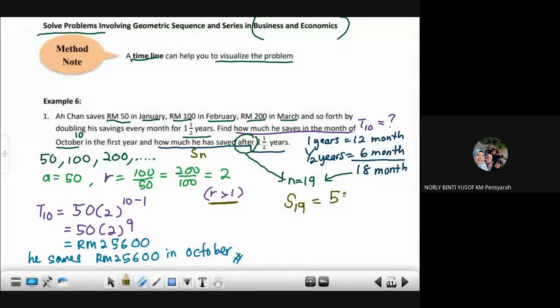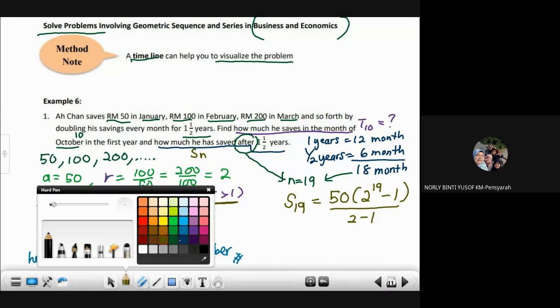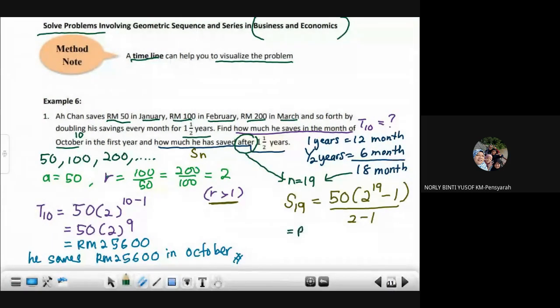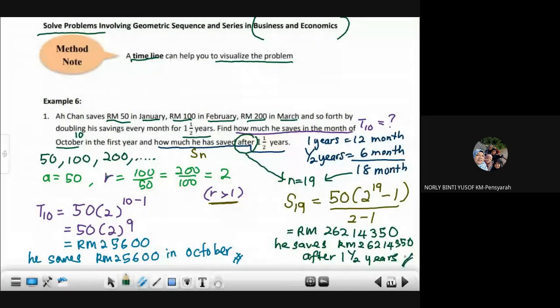So 50, R in front, 2 to the power of 19 minus 1 divided by 2 minus 1. You press the calculator and you will get 26,214,350. And you say he saved that after 1.5 years, because it is problem solving, so you must write a conclusion.